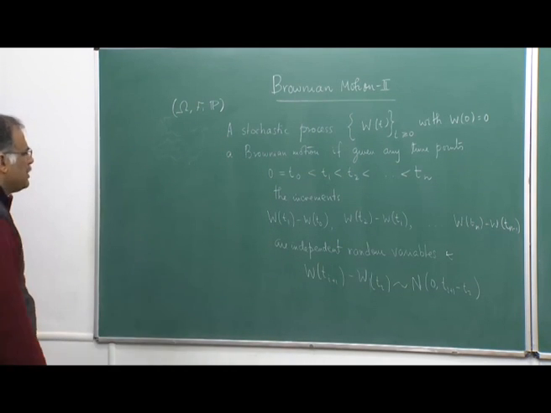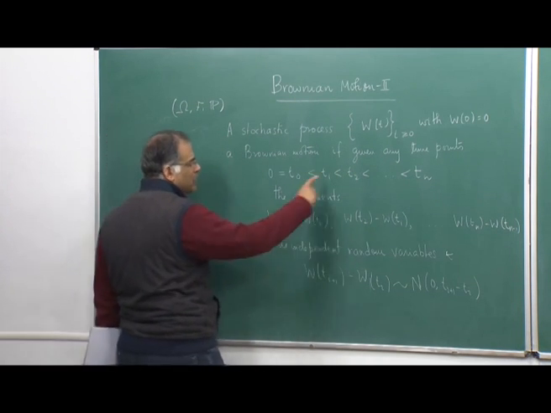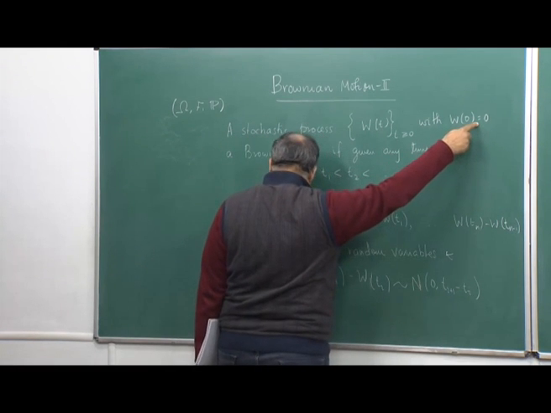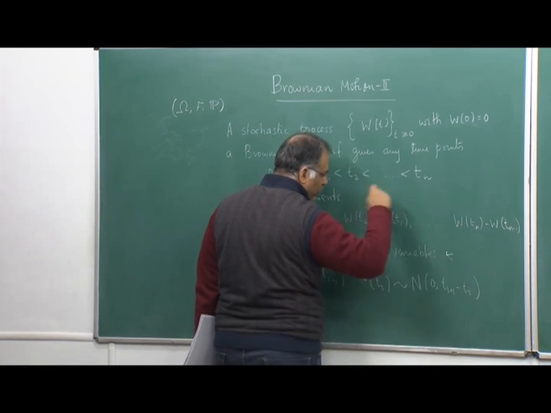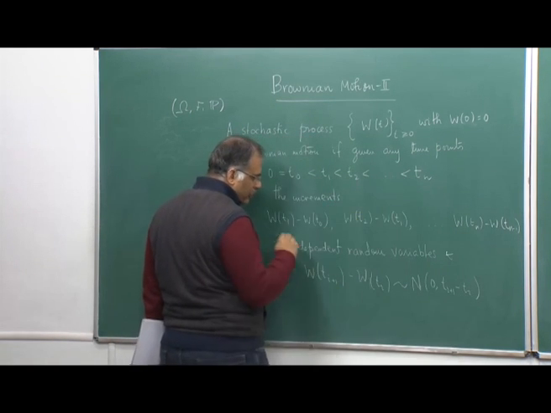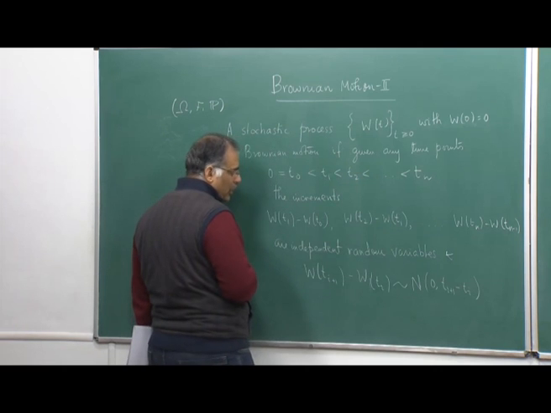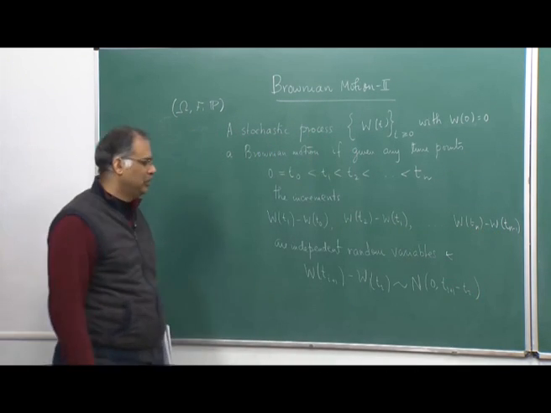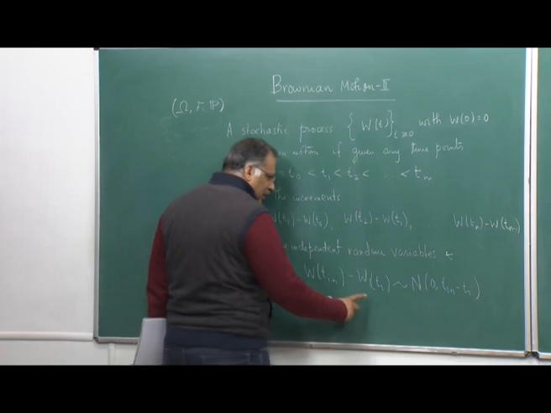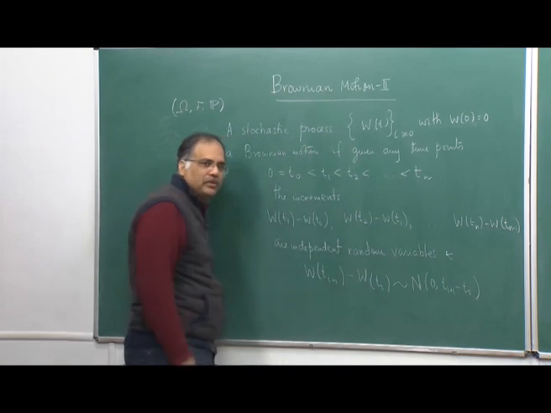So, if these two properties are followed, first that this has to be maintained whatever be the scenario, whatever be your time points, if you take an increasing finite set of time points, then these increments are independent and these increments themselves follow a normal distribution.